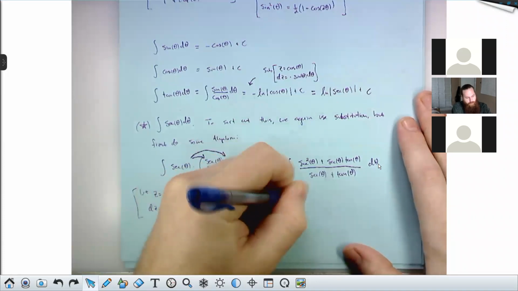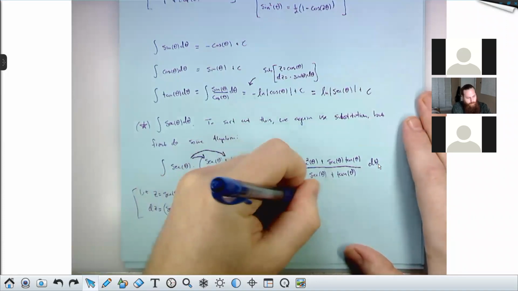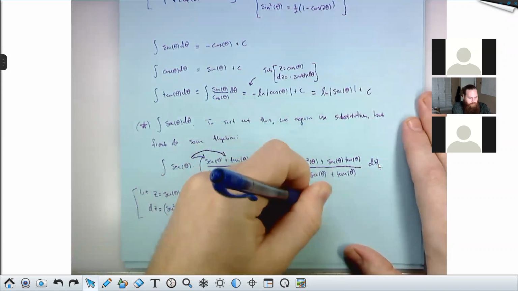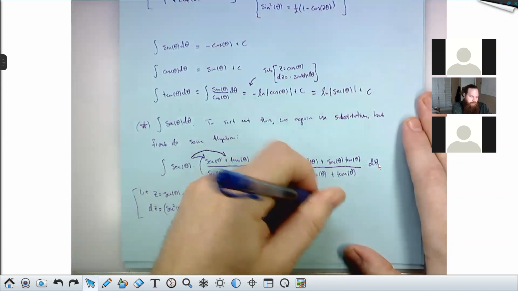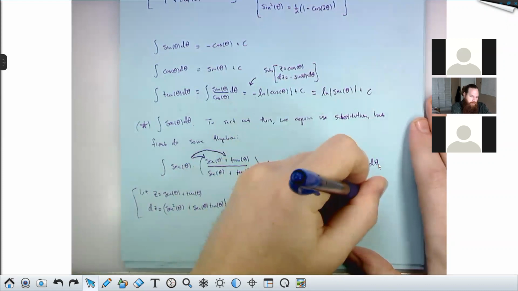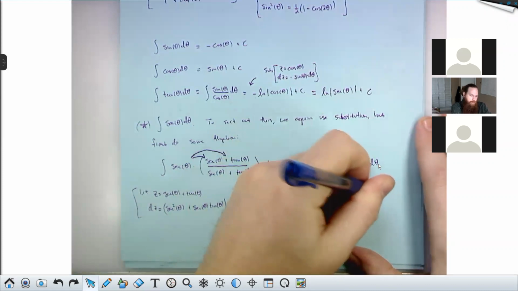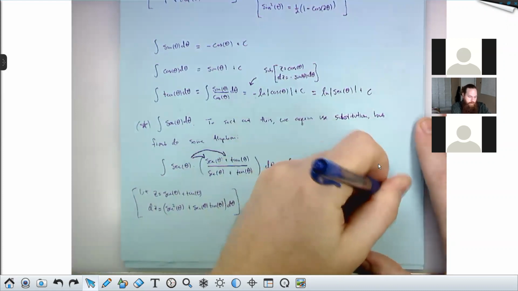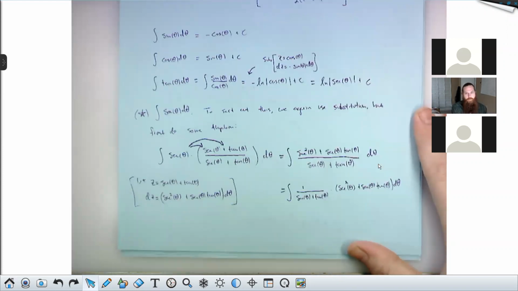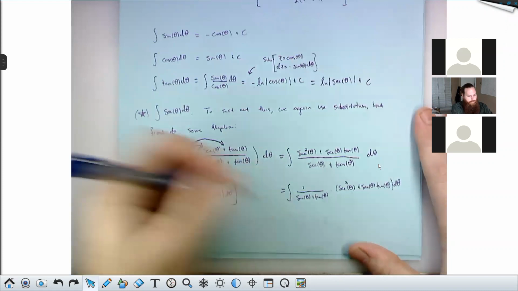This is the integral of, I'll write it out, 1 over secant theta plus tangent theta times secant squared theta plus secant theta tangent theta d theta, which is the integral of 1 over z dz.